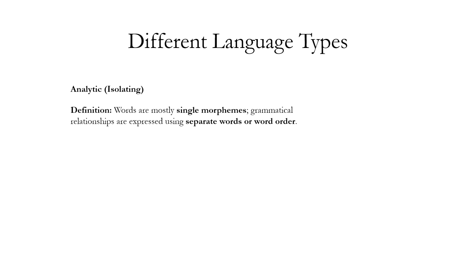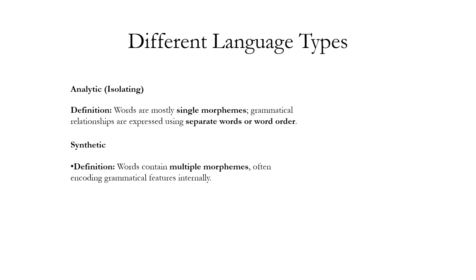First, there's analytic, isolating. Words are mostly single morphemes. Grammatical relationships are expressed using separate words or word order. There's something called synthetic. Words contain multiple morphemes, and we saw that in Korean, right? But it's not restricted to Korean, it could be English as well, often encoding grammatical features internally.